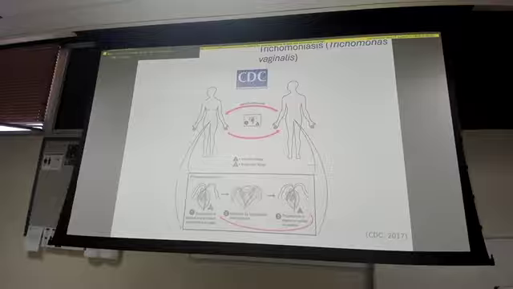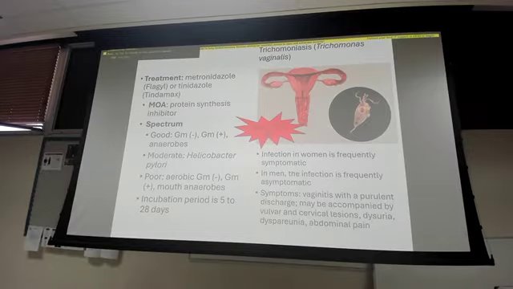Alright, so here's an image, we all know what this means. Trichomoniasis is typically transmitted sexually. Don't let the name fool you, but men can get it too. Biggest thing here is our two treatments are metronidazole and tinidazole.